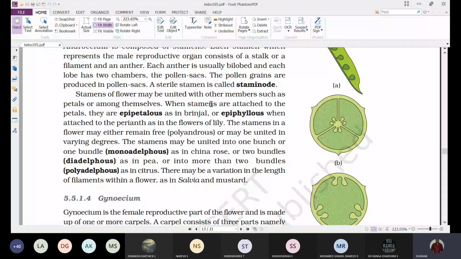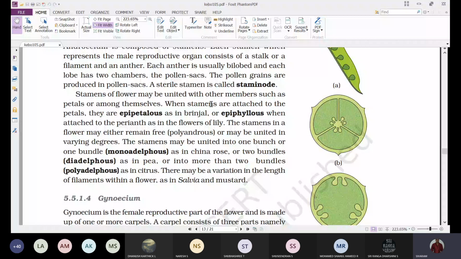And next, we were discussing the stamens attached with other parts of a flower, either epipetalous or epiphyllous. But we already said the stamens may also be attached among themselves with the help of their filaments, or with the anthers, or with both.